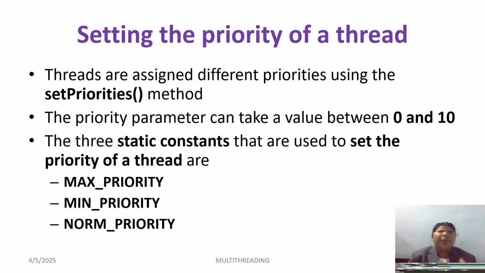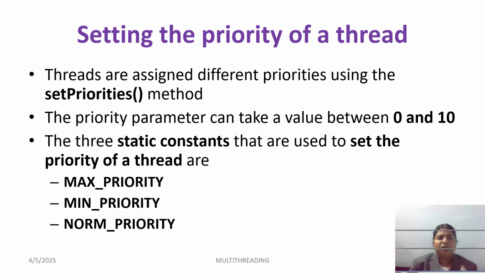Moving to the next topic, setting the priority of a thread. When multiple threads are being executed, we can prioritize them based on their importance with the help of the setPriority method. The priority parameter can take a value between 1 and 10.